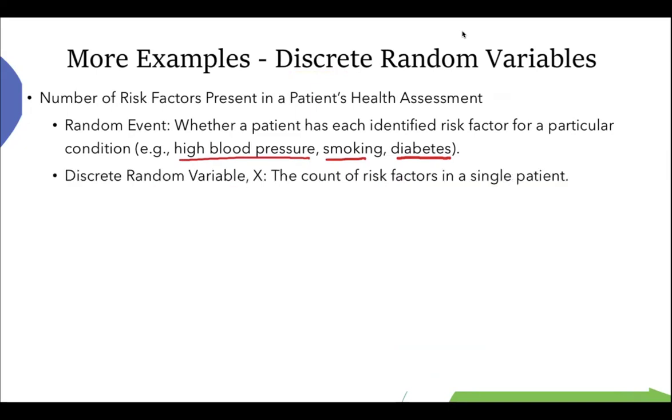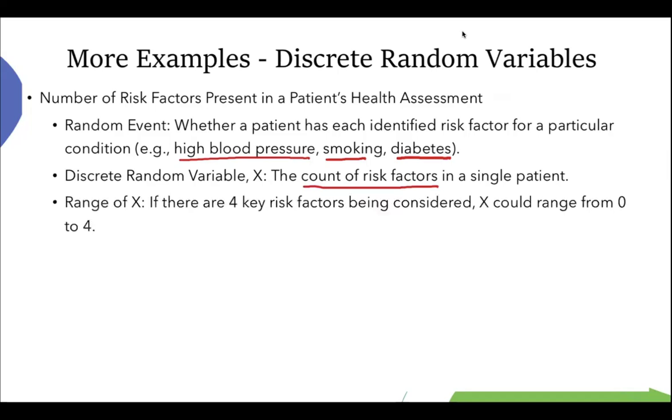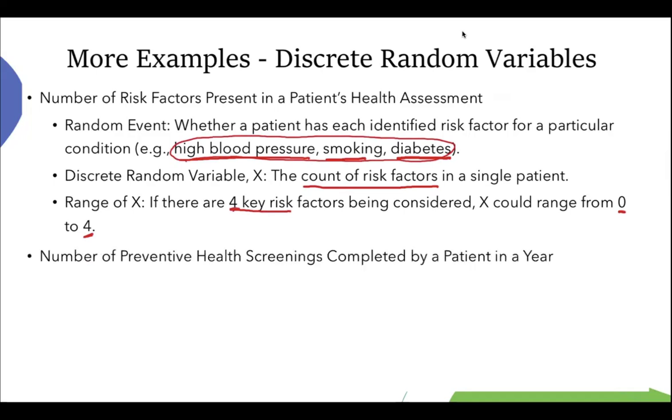So X represents the count of risk factors for a single patient. And X can range, well, if there were 4 key risk factors in total, X could be anything from 0 to 4. In this example, I have 3 risk factors, so X could be anything from 0 to 3 with just those 3. But we can have 4 risk factors, in which case X would range from 0 to 4.